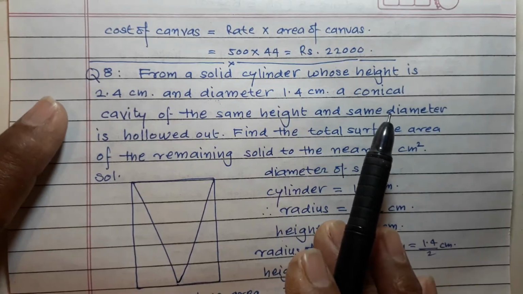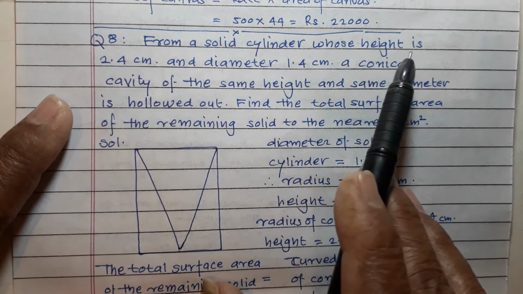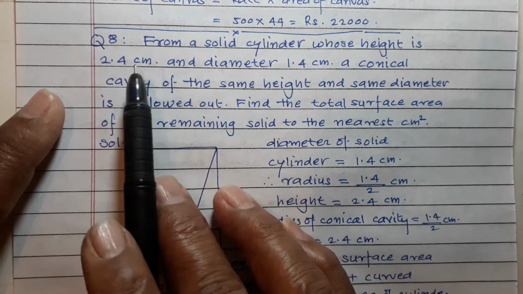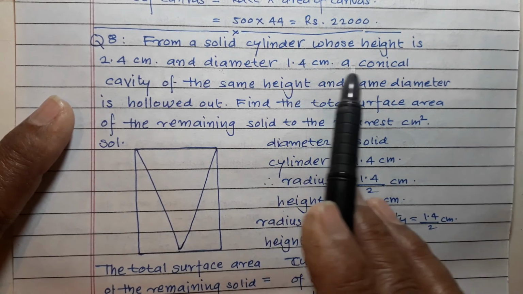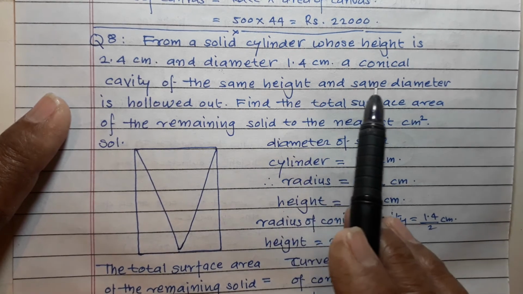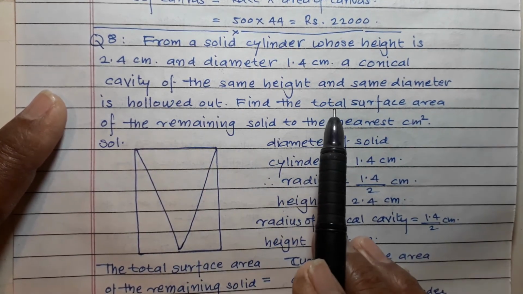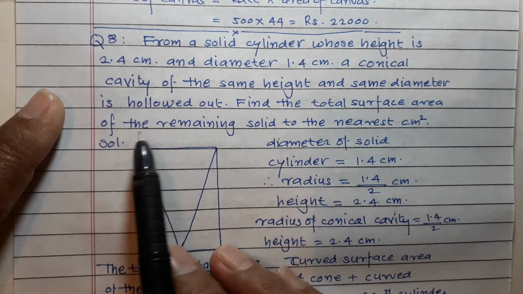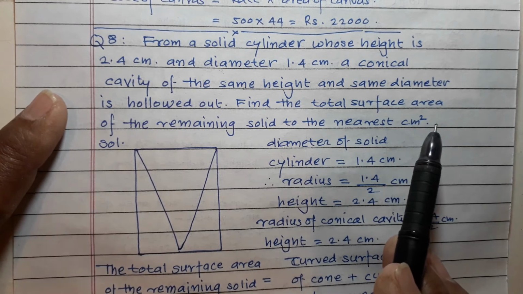Question number 8. From a solid cylinder whose height is 2.4 centimeter and diameter 1.4 centimeter, a conical cavity of the same height and same diameter is hollowed out. Find the total surface area of the remaining solid to the nearest cm square.